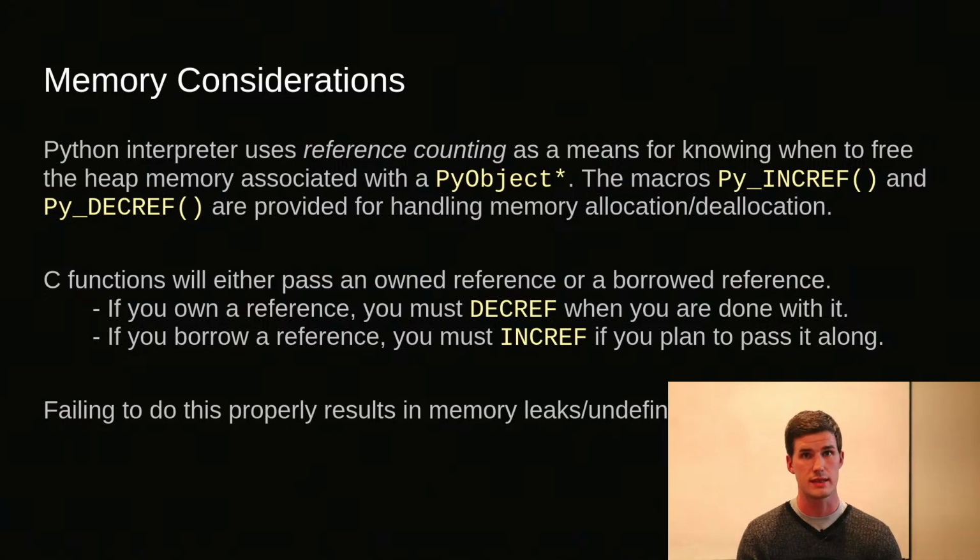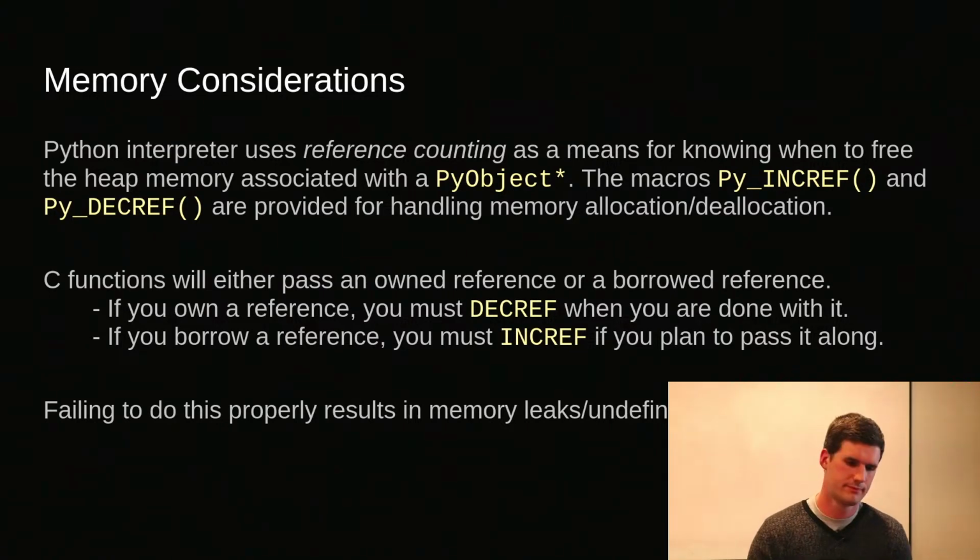So if you want to delete that object, you've got to decrease the reference count yourself. If you don't do this properly in your C extensions, it results in either undefined behavior because it's going to free an object that you still have a pointer to, or you have a memory leak where you have an object that you created that has a reference count but is not actually referenced anywhere.